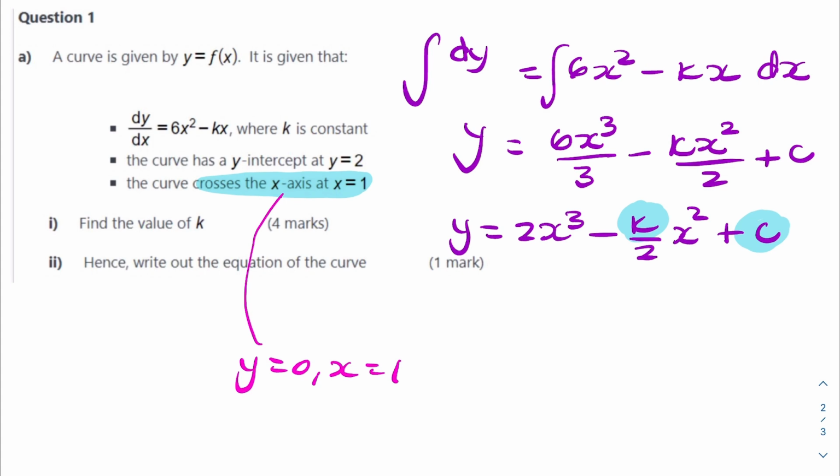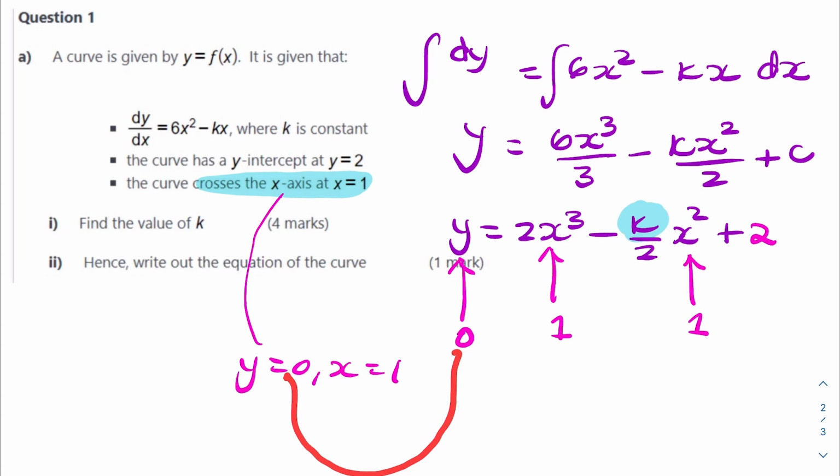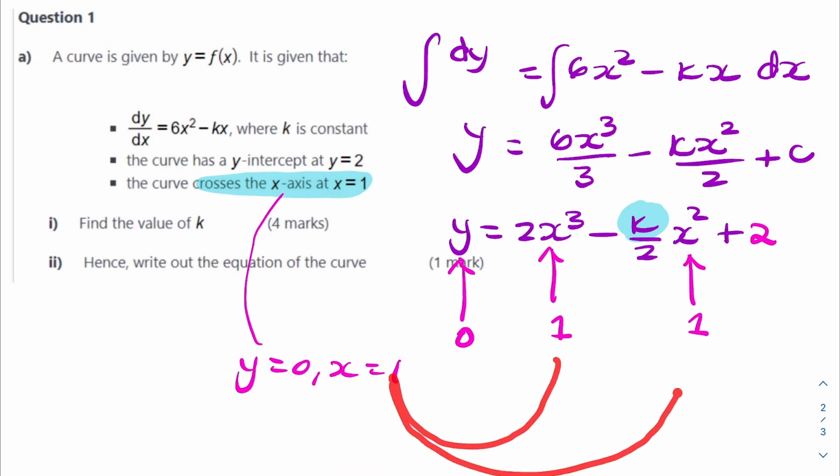So if we now replace this with the value we found, 2, and now replace x with 1, and y with 0, so that 0 goes there, and that 1 goes there, we should be able to find k.